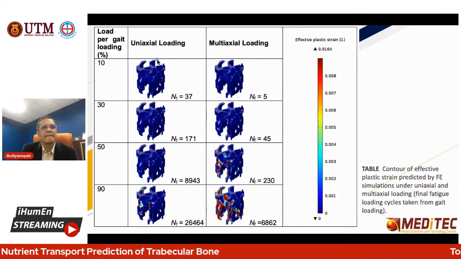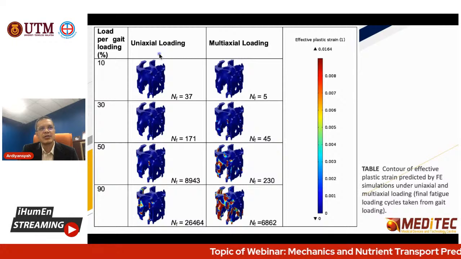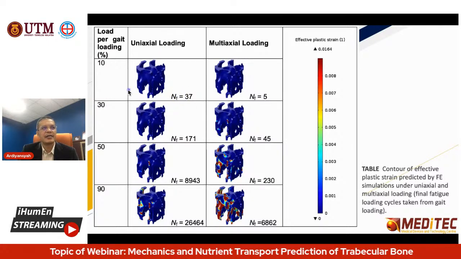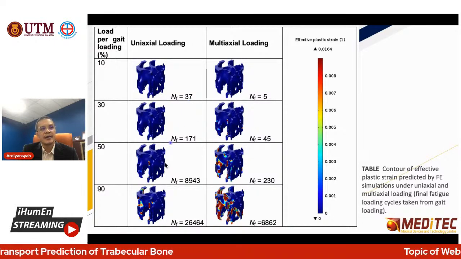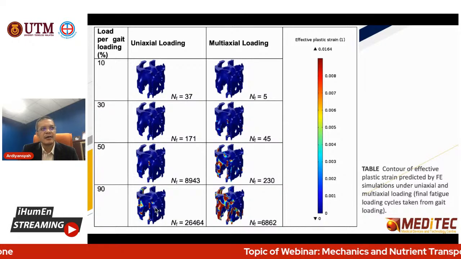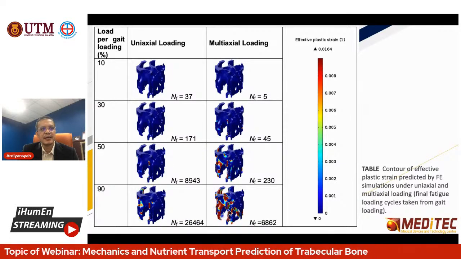Okay, this one is the comparison of uniaxial loading and multi-axial loading. You can check here at 10 cycles, the number to failure is high. Then it becomes a high percentage of loading.